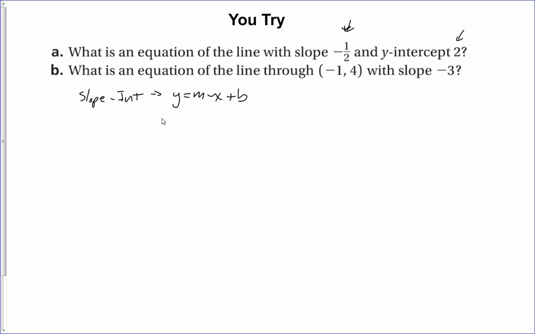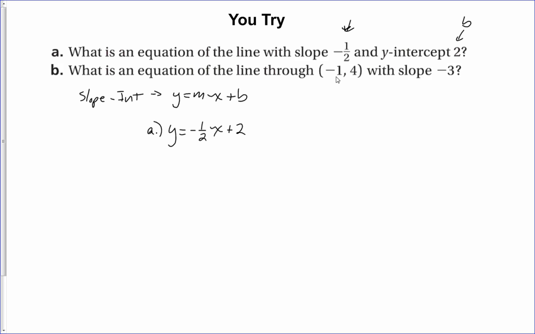So y equals our slope, which is -1/2 x, because remember this y and this x will always be in this equation. You're never going to be able to get rid of it. And then this 2 here is b, so it's a positive 2, so this is just going to be a plus 2 on the end. So the answer for A is y equals -1/2 x plus 2.